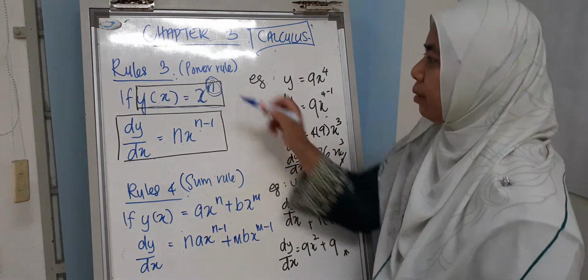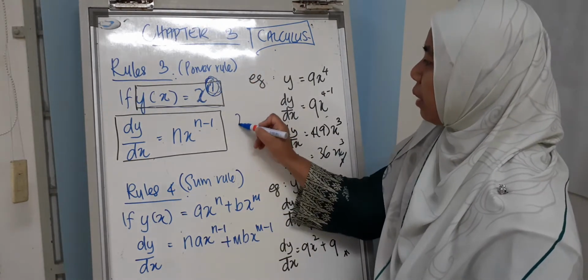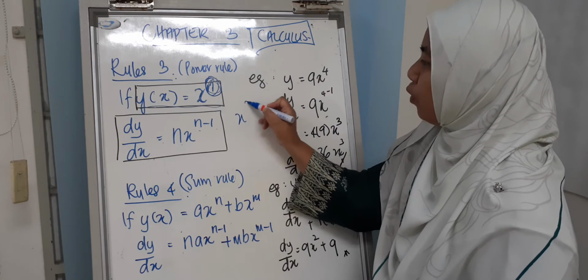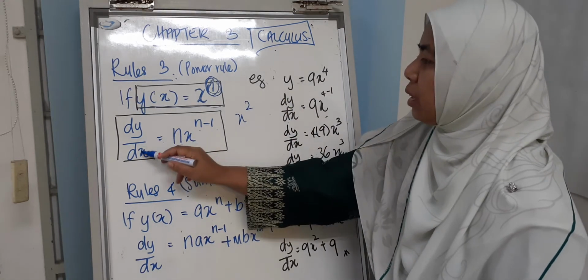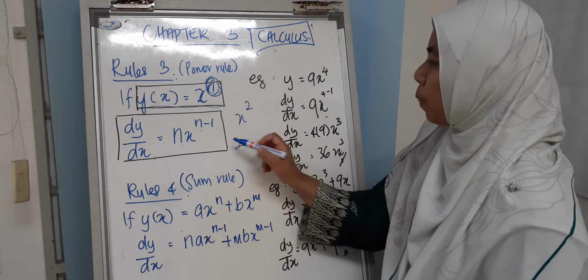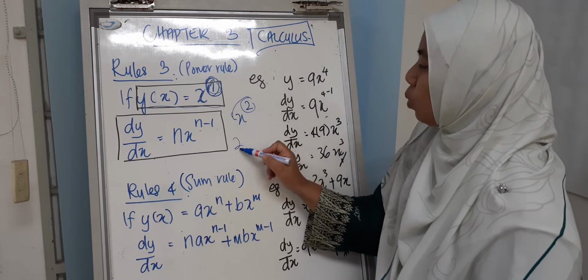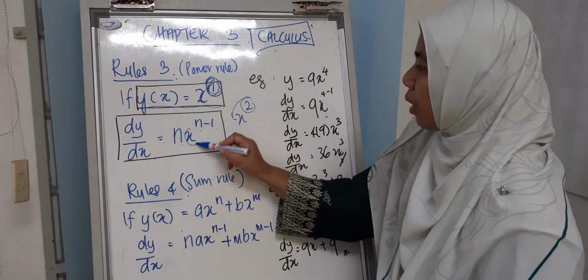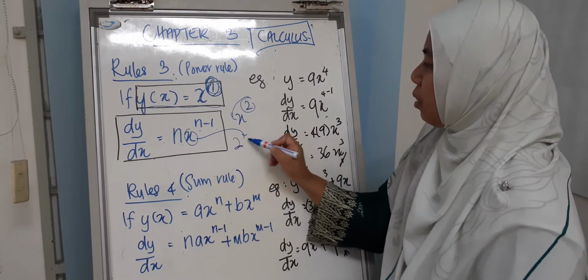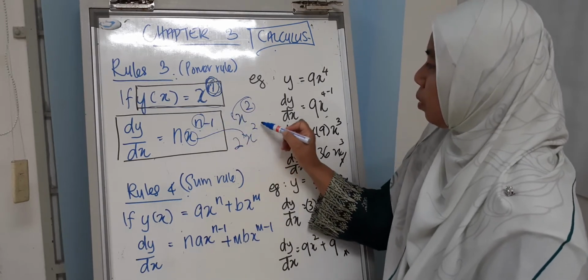So what is n? n is here, right? Let's say x to the power of 2. For differentiation, dy per dx is 2, because the power is 2, so we just bring 2 over here. And x is maintained, so the power is 2 minus 1.